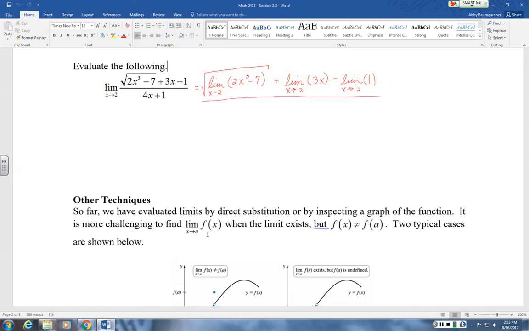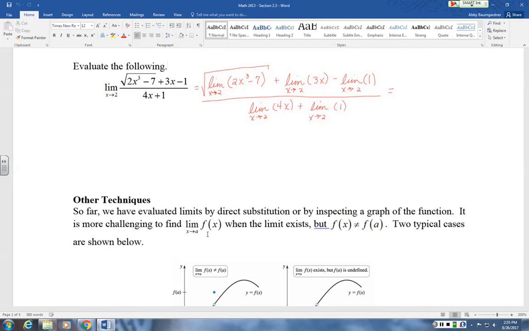We know that the same can be done to the denominator. And at this point we can start evaluating.